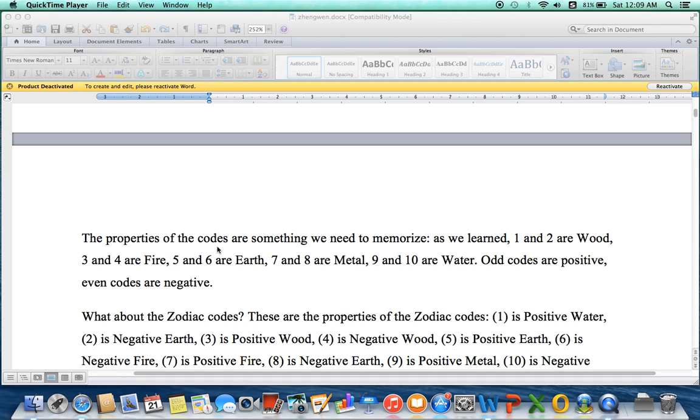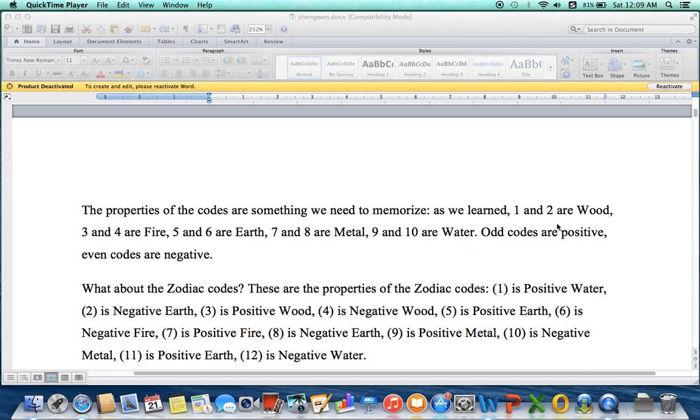The properties of the codes are something we need to memorize. As I just showed you, 1 and 2 are wood, 3 and 4 are fire, 5 and 6 are earth, 7 and 8 are metal, 9 and 10 are water. Odd numbers are positive and even codes are negative. For example, 1 is positive wood because it is wood and is odd. 2 is negative because it is an even number.